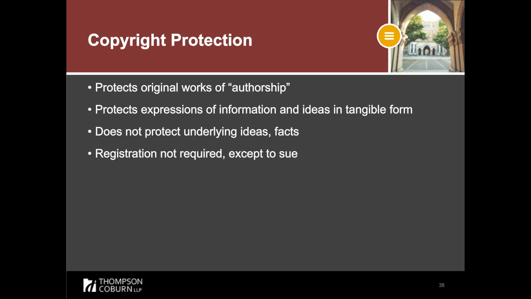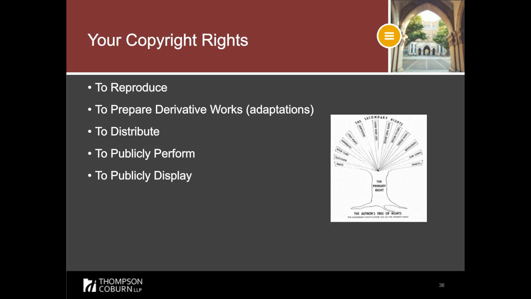When you have copyright in a work, you have certain exclusive rights. This is a list of the rights that you have as a copyright owner in the works. You have the right to reproduce the work, to prepare derivative works. Derivative works could take many different forms.